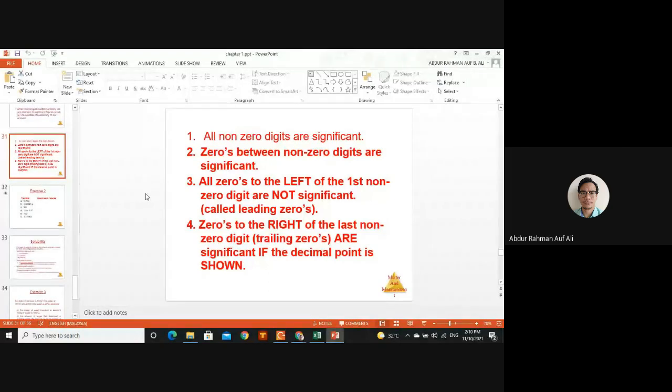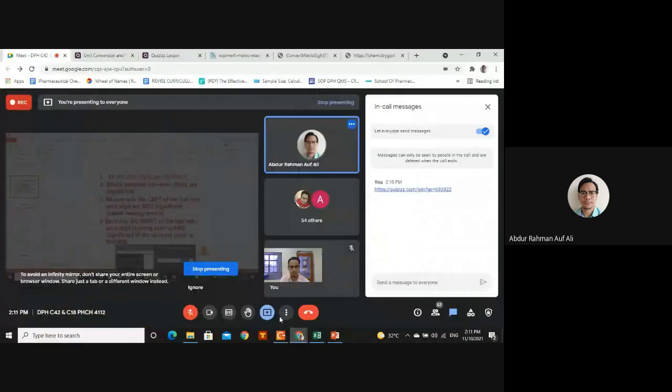How exactly are we going to identify significant figures? We use this set of rules. So you can see on your screen right now these 4 rules. The first one being all non-zero digits are significant, zeros between non-zero digits are significant. So we follow this set of rules to determine whether that digit, that figure is significant or not.